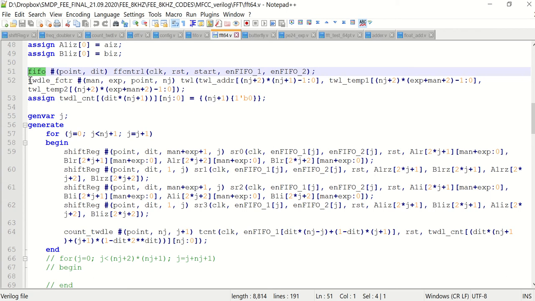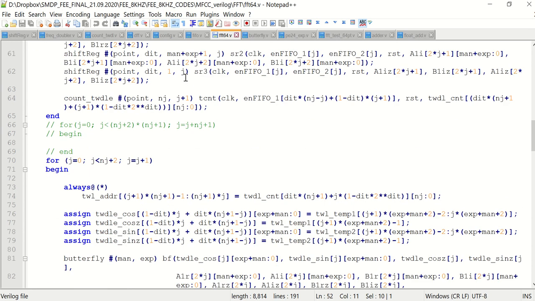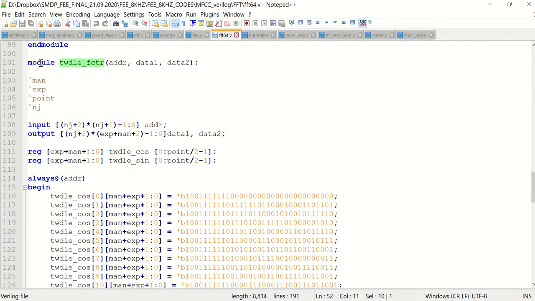As we have seen, the butterfly has three inputs: the two proper inputs, and the third is the twiddle factor. So we have instantiated a module called twiddle factor here, which has address as input and data 1 and data 2 as outputs. One output is the real part and one is the imaginary part, that is the cos part and the sine part.